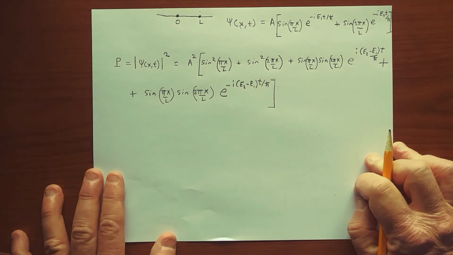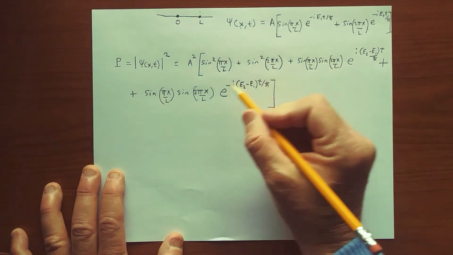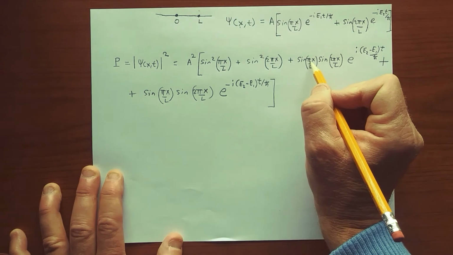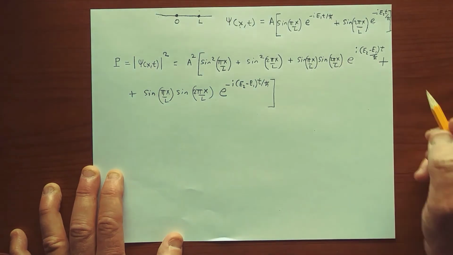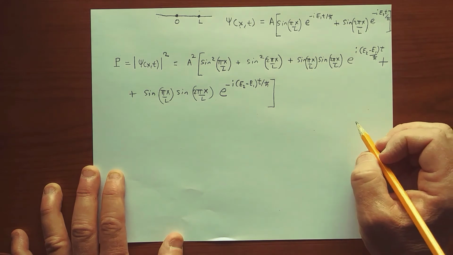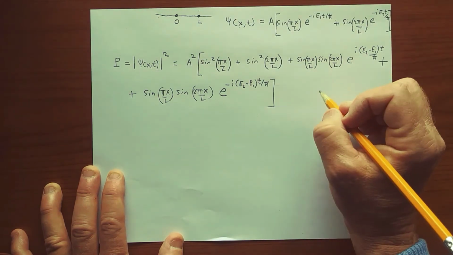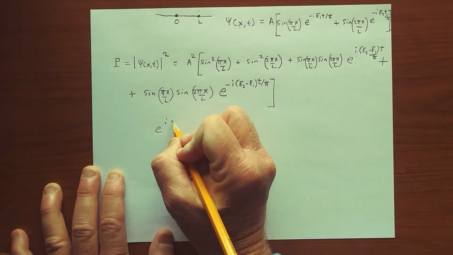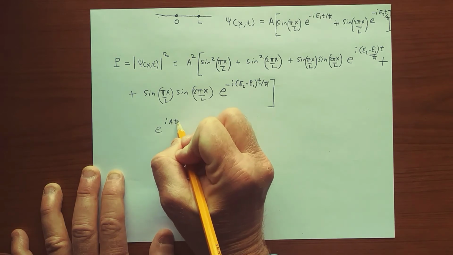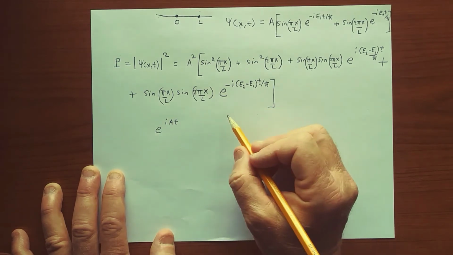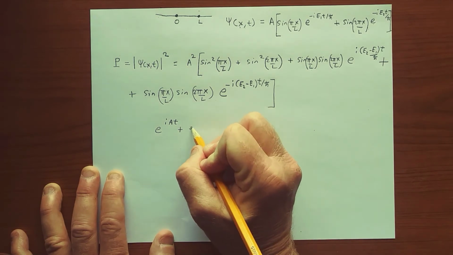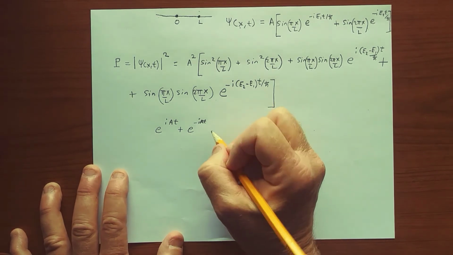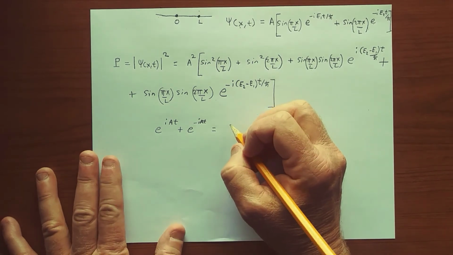And we can combine the cross terms. So these two terms have the same f of x, right? Sine pi x over L, sine 2 pi x over L. And so let's notice that the time term is like an e to the i, let's call it a t, and we here have a term which is e to the minus i times a t, and these can be written in terms of cosines and sines, right?